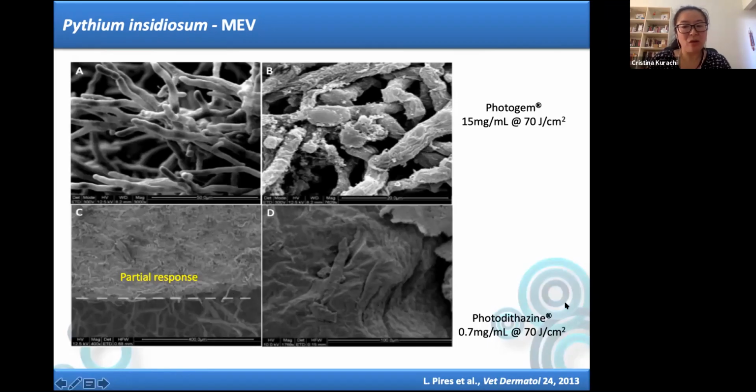So the best results were with this chlorin compound using 0.7 milligrams per mL and a high energy dose, 70 joules per square centimeter. We can see here in the microscope image a complete destruction of this biofilm, and that's why we don't have growth anymore.